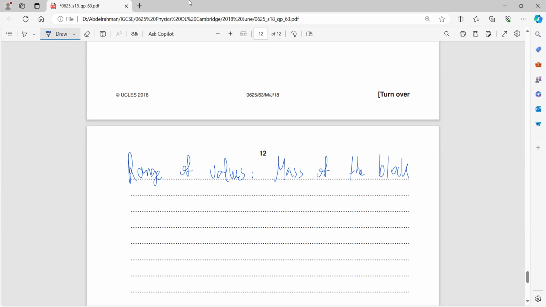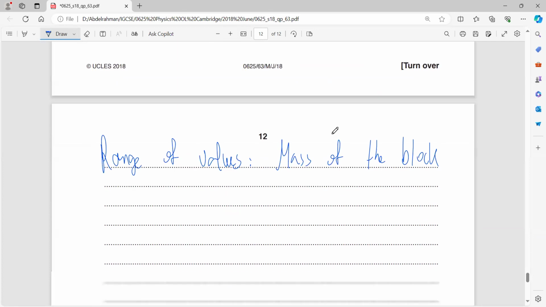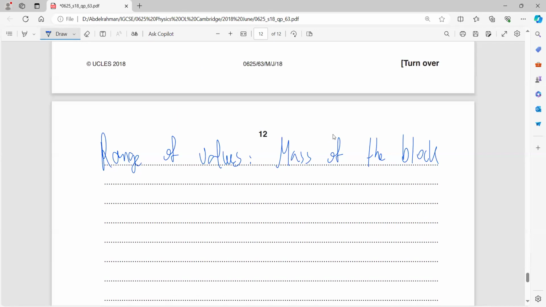This is the independent variable. What are the different masses that I can use for this experiment? For example, 50 grams, 100 grams, 150 grams, 200 grams, 250 grams. These are the different values for the mass of this block.